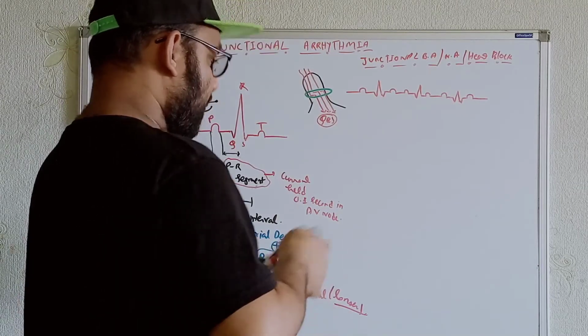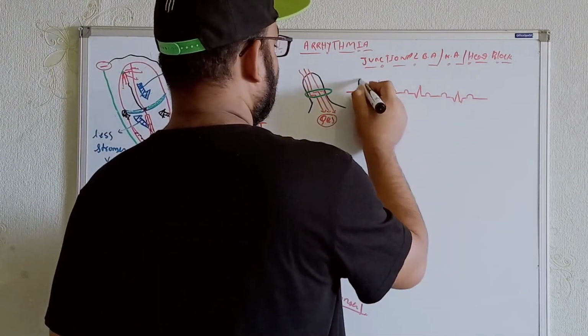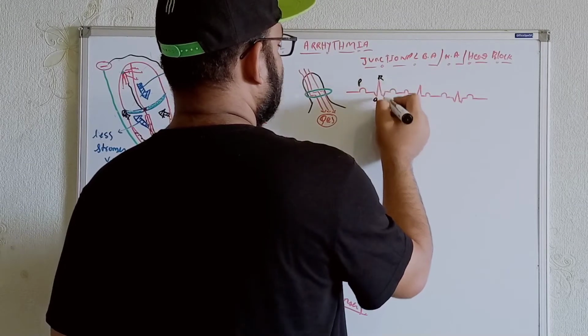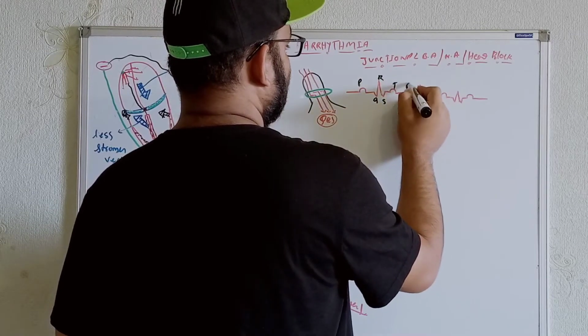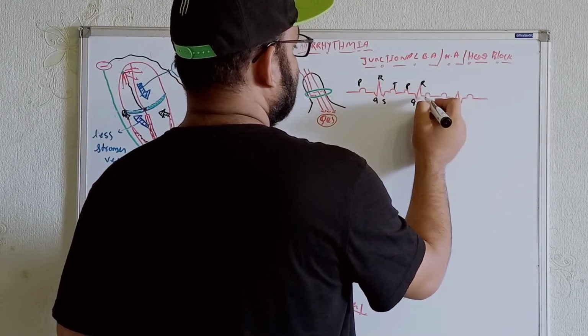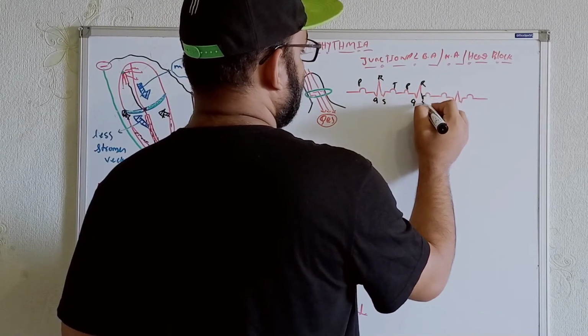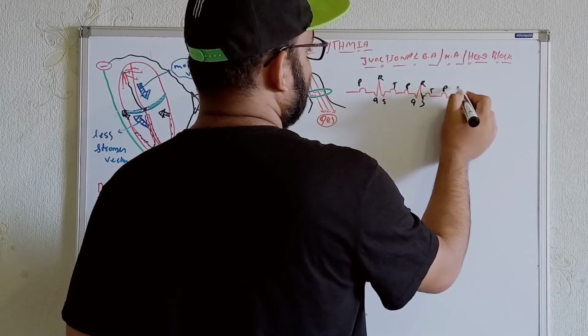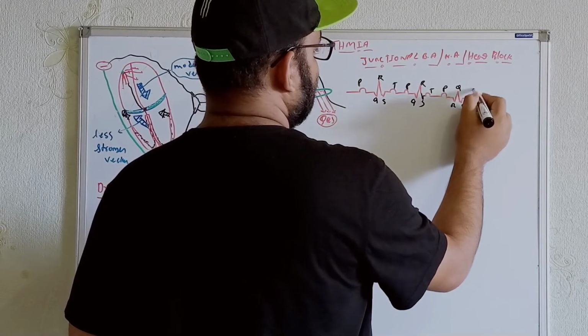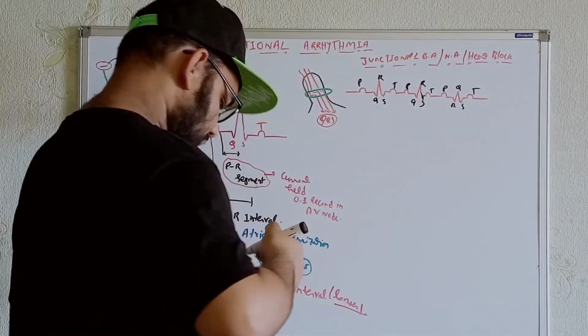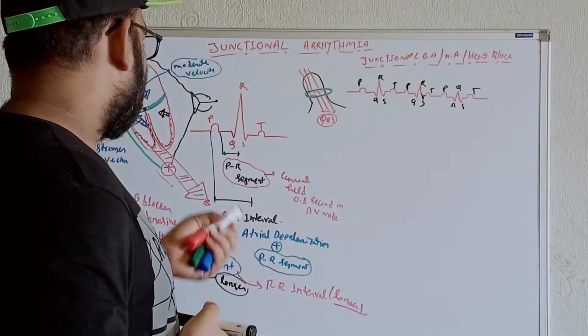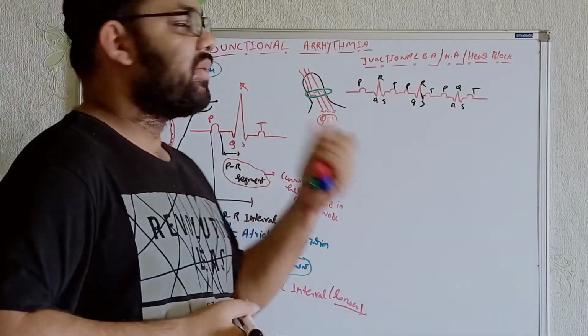So we'll get the P wave, the QRS complex, the T wave, then again the P wave, QRS complex, and T wave in this way. That will continue, okay.